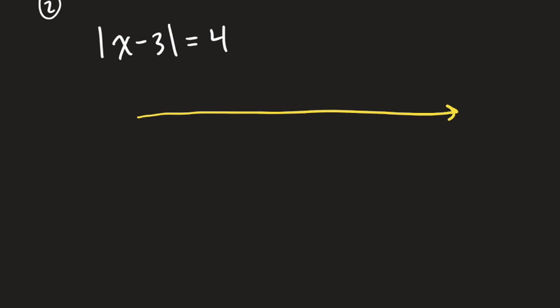Let me quickly recreate that in our scenario. You're told that Gemma is 4 blocks away from the hospital. But the hospital in this case, as in the case of the sheriff's station, is not located at 0 on Main Street, or in this case, a number line. It's located at 3. So there's the hospital.